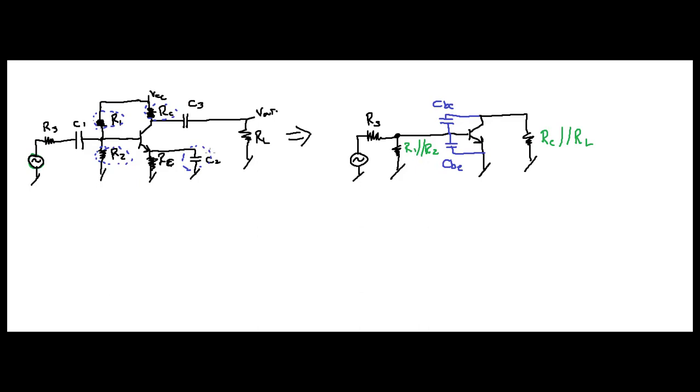So now, if we want to include the total frequencies, that doesn't include everything. We didn't put in the Miller capacitance, did we? So let's redraw this again with the Miller capacitance.